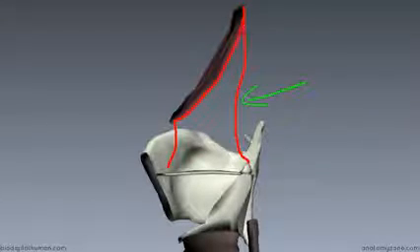So the aryepiglottic fold drapes down over the epiglottis from the sides of the epiglottis onto the arytenoid cartilage. It hangs off the sides of the epiglottis, which I'm drawing on here. You can see from the view I showed you earlier, the laryngeal inlet is at an oblique angle.